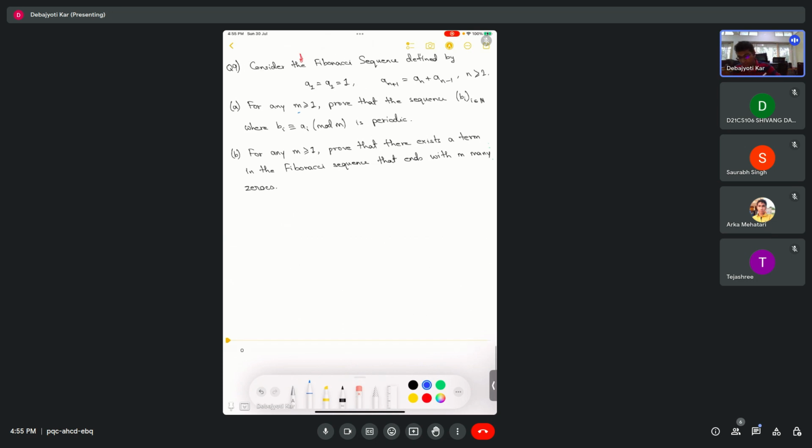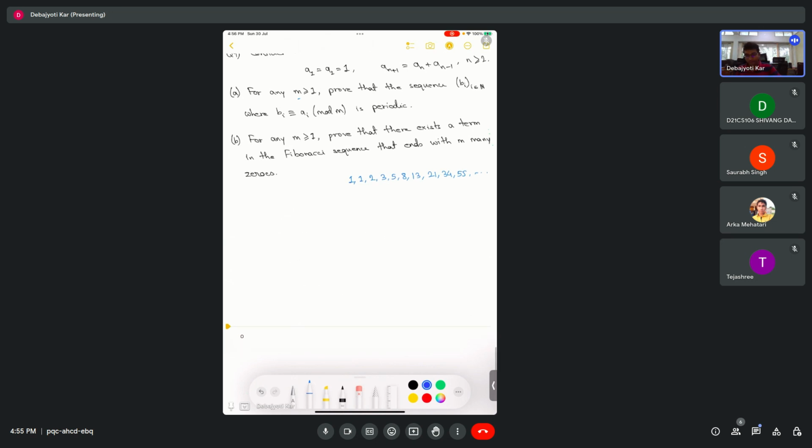For example, let's write down a few terms. The first two terms are 1, then it's 2, 3, 5, 8, and so on. Now let's say m is equal to 6.